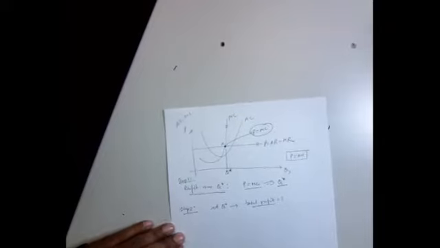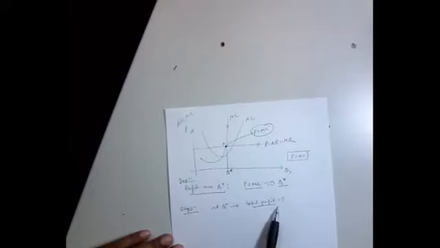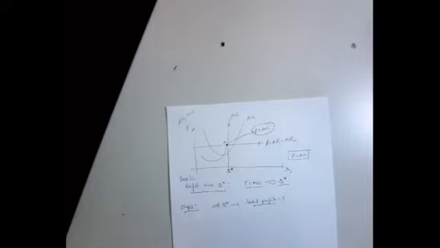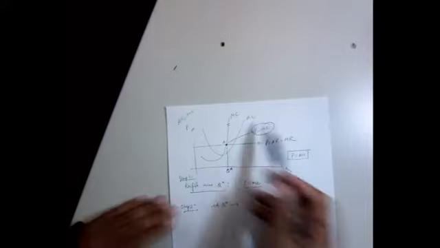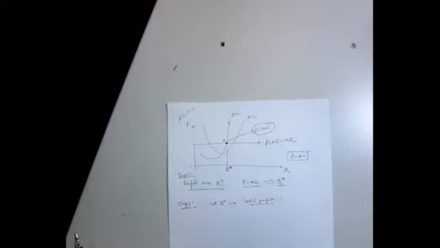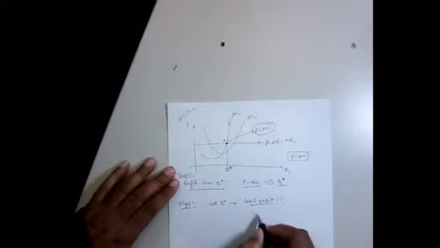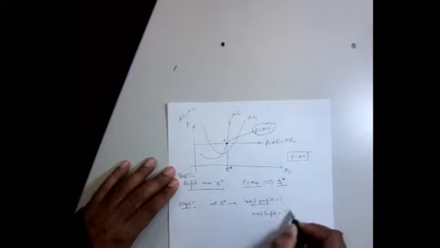Now, to do that, look at this. I'm talking about the total, but there is no total curve here. All you have is average cost and average revenue, right? Then another way to do it: remember your total profit is defined as total revenue minus total cost.